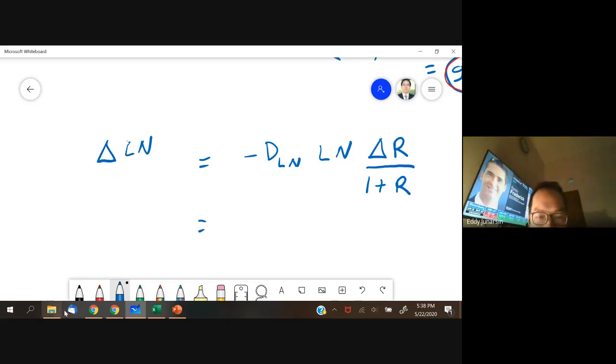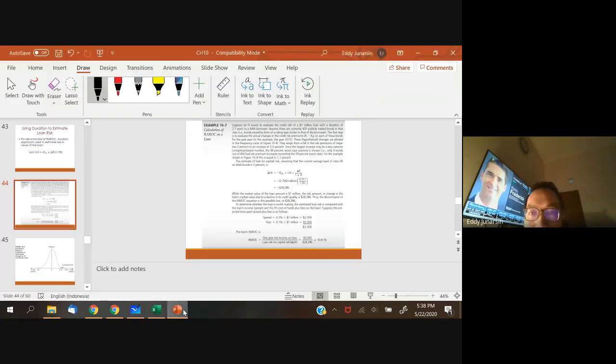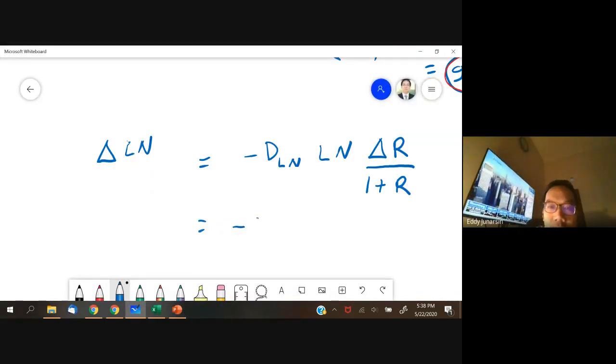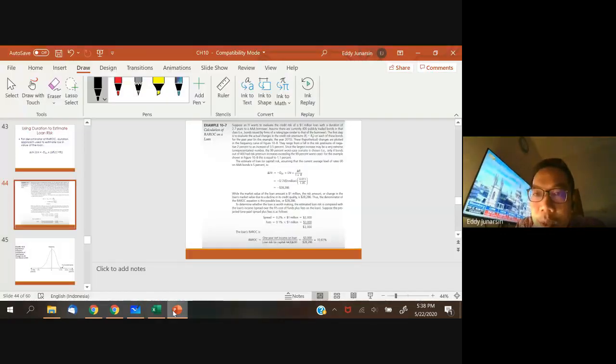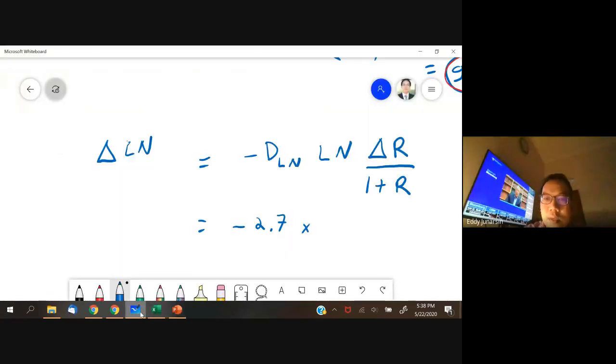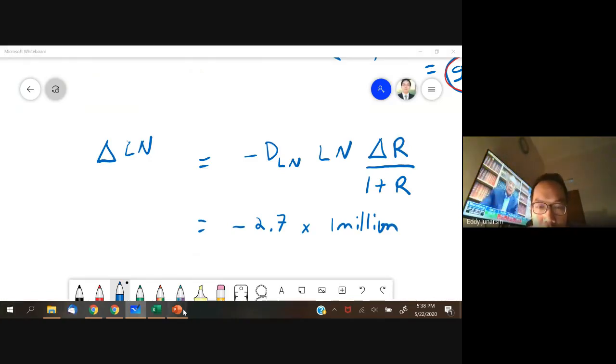Okay, so what is the information again? Duration of the loan is 2.7, multiplied by the value of the loan, 1 million. And the change in interest rate, we saw it again, 1.1%. And the original interest rate is, I think, 5.